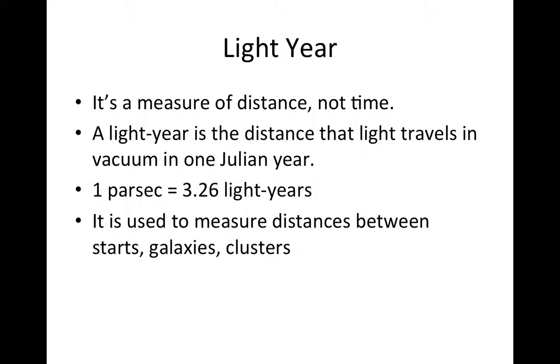This is a measure of distance, not of time. Even though it has the word year there, it is really a measure of distance, not of time. A light year is the distance that light travels in a vacuum in 1 Julian year. That is the official definition of the light year. So light, of course, travels a slightly different distance if it's not in a vacuum, but most of space is in a vacuum.